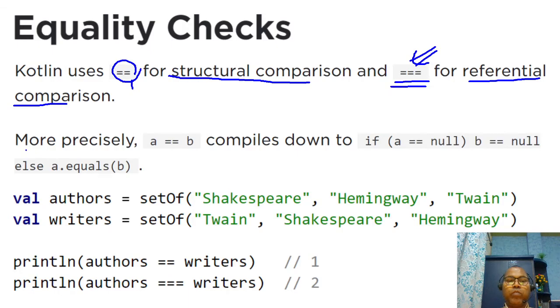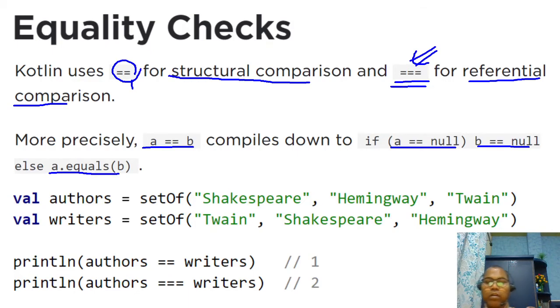More precisely, if you have a equal to b, it simply says if a double equal to null, then check b double equal to null also, then return true, or else a dot equals b.